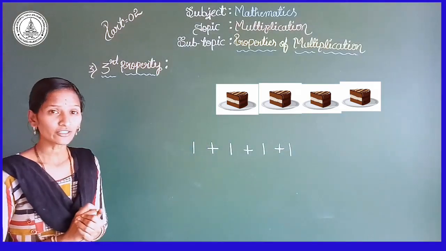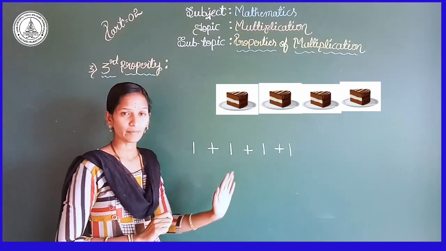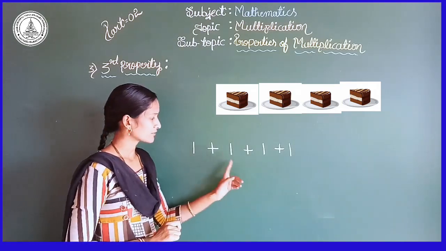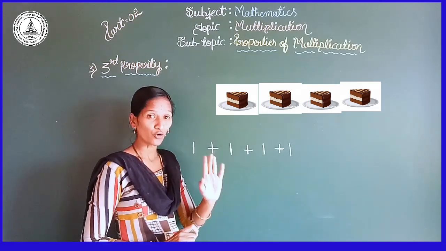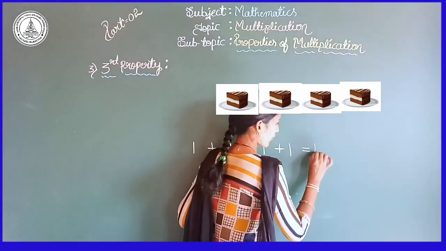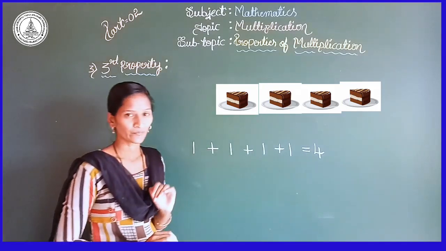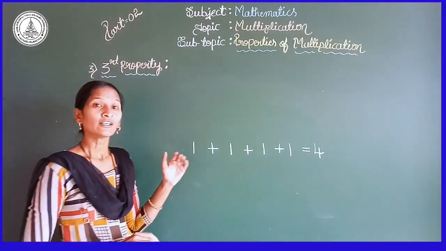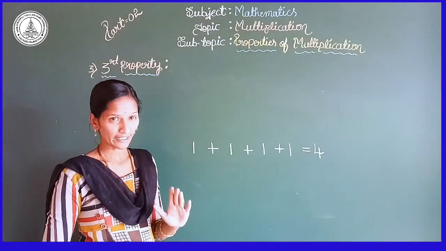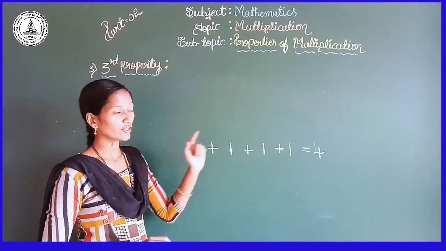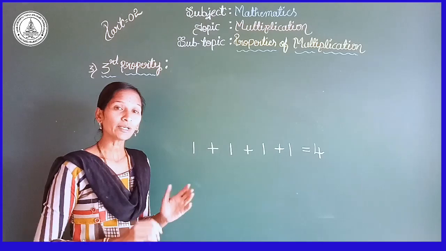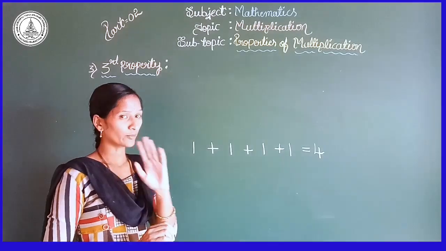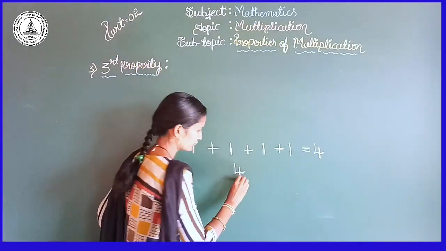So let's find out the total number of pieces of cake. 1 plus 1 is 2, 2 plus 1 is 3, 3 plus 1 is 4. The total number of cakes is 4. Now I am writing it as a multiplication fact. The total number of plates, how many plates are there? 4 plates. So I am writing 4.